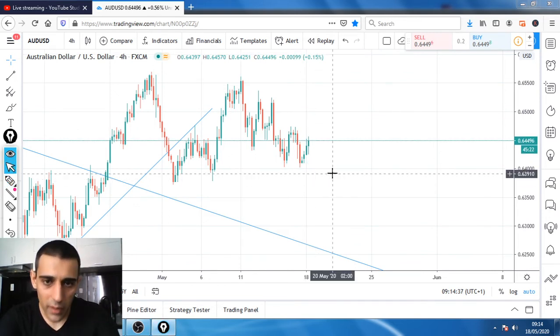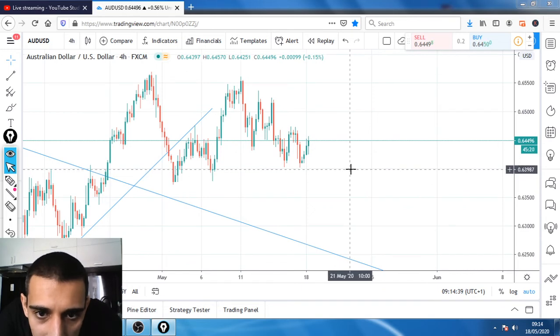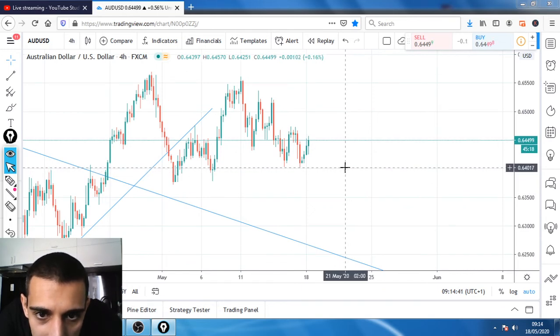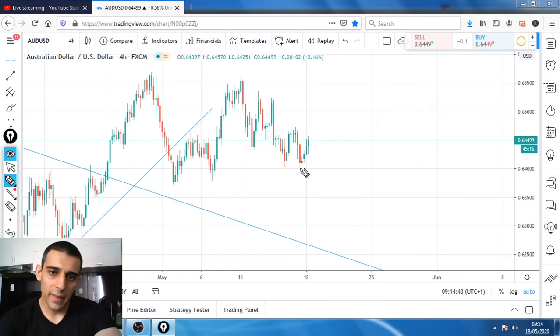When the price came down, it took out this low. Yes, it has. We can see that this spike low is marginally lower than this one. So the price has managed to take out this low, and now it's having a nice retracement. It does not look strong.